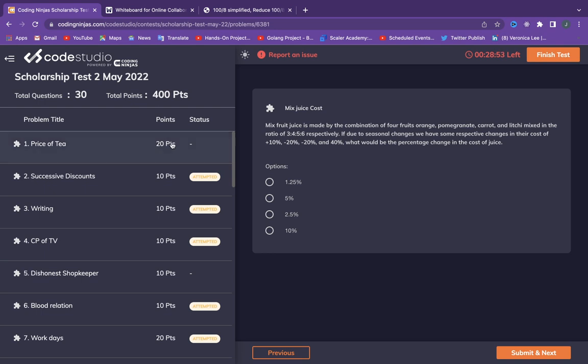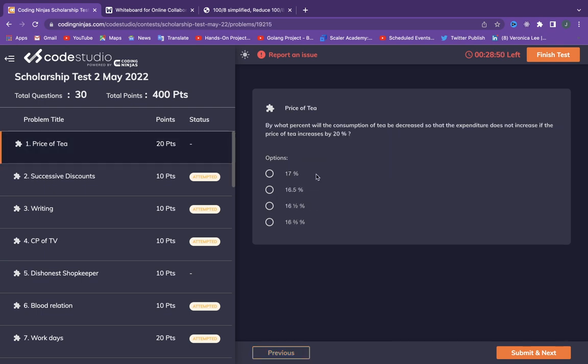So there is no negative marking, so I'm going to mark each one of these something or the other.